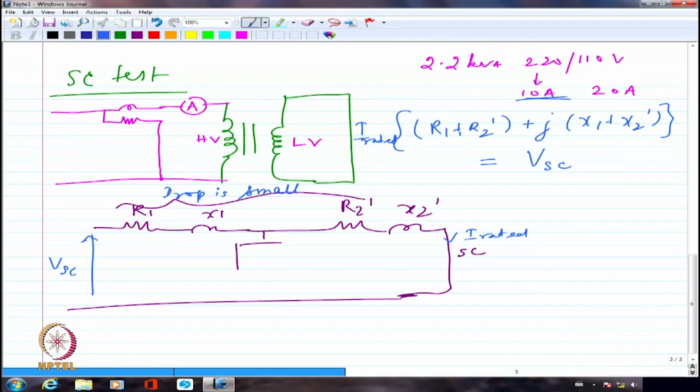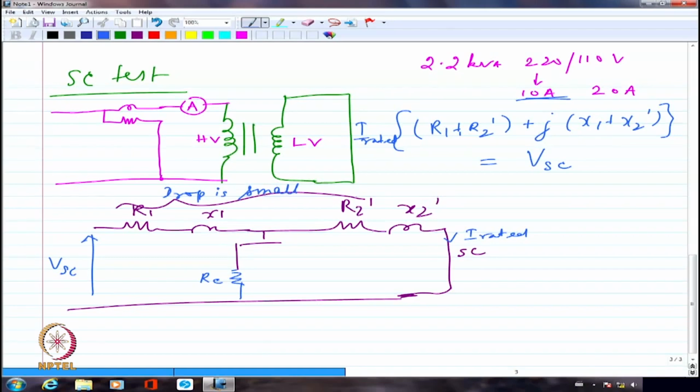See, if I am talking about RC, I said basically that RC is taken to be generally in such a way that it balances whatever is the hysteresis and eddy current loss. And I am going to have very low hysteresis and eddy current loss in a transformer. Hysteresis loss I don't have much control, but eddy current loss I am decreasing as much as possible.